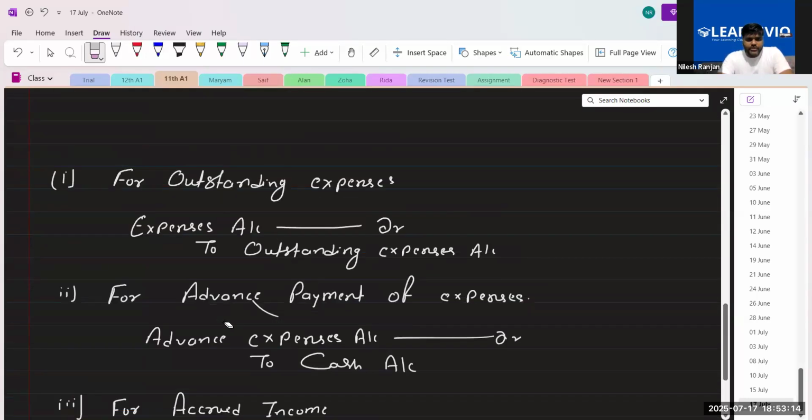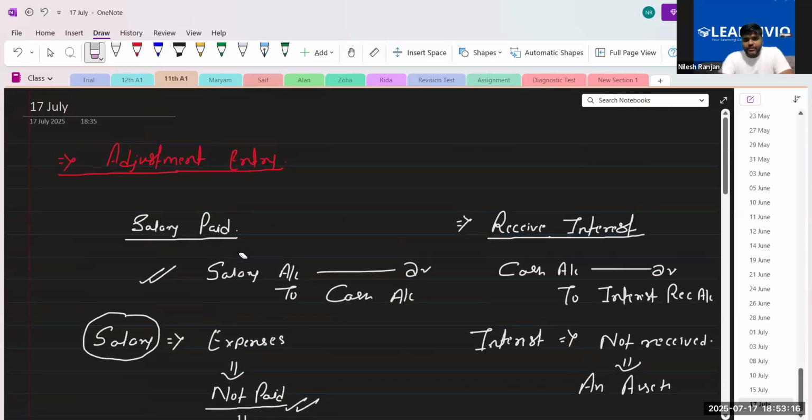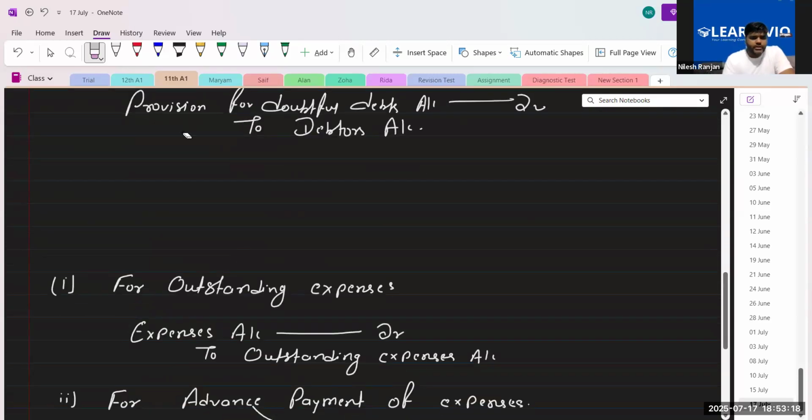So please write these 4 entries. The heading will be adjustment entries. Actually, we need to write the meaning also.